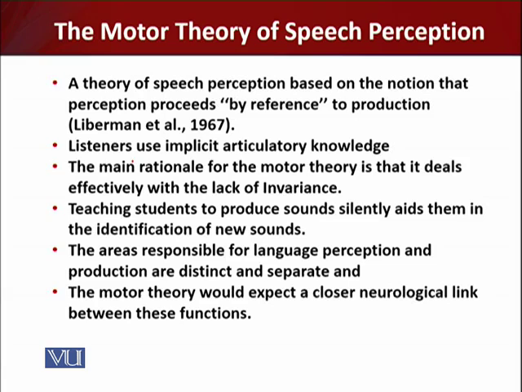Now, this leads to the point where you see that if the areas responsible for language perception and production are distinct and separate, the motor theory would expect a closer neurological link between these functions.